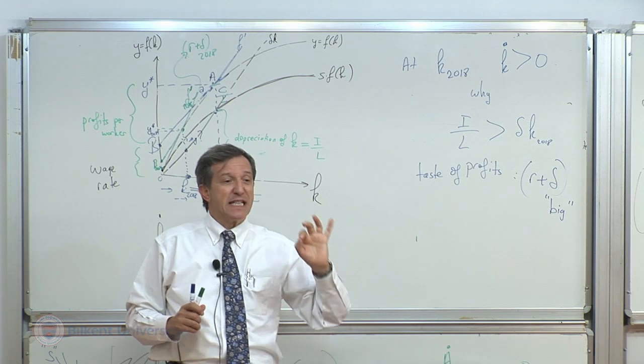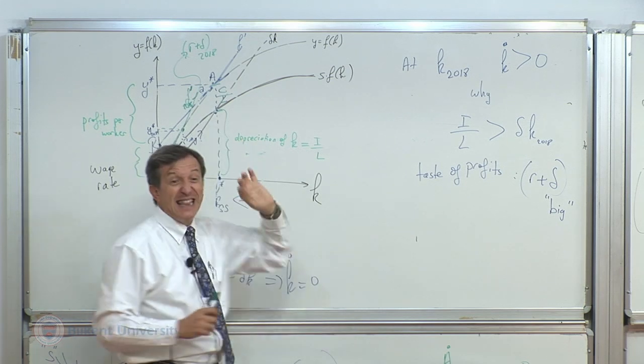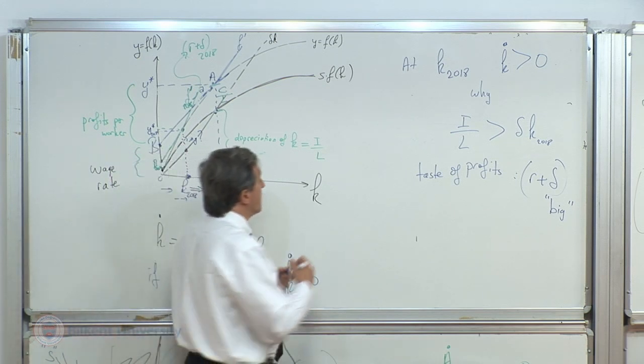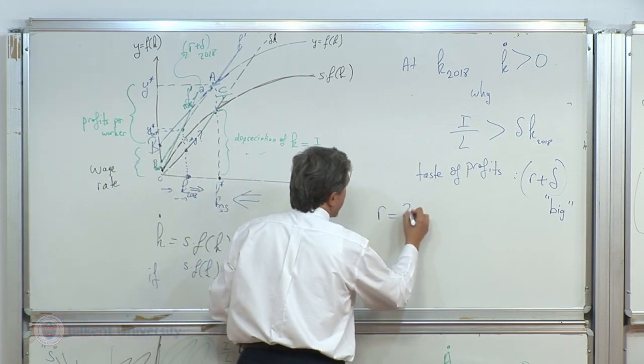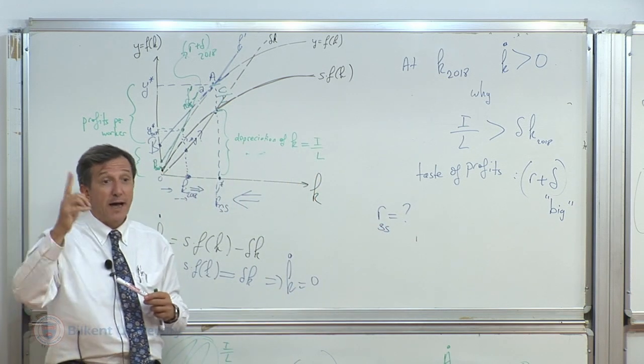So if you follow this logic, what do you expect the net profit rate R to be under the steady state? 0. Why?